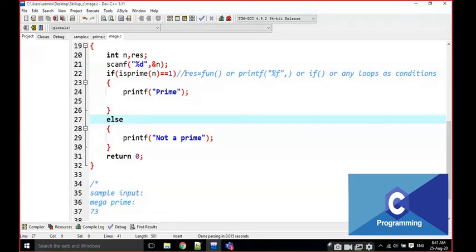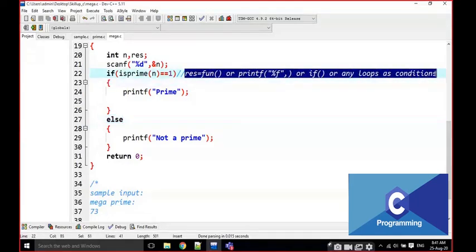This point also, everyone: if the function calls are assigned to variable names, or the function calls are in printf statements, or the function calls are in if conditions or any loops treated as a condition, that means the function has a return type.